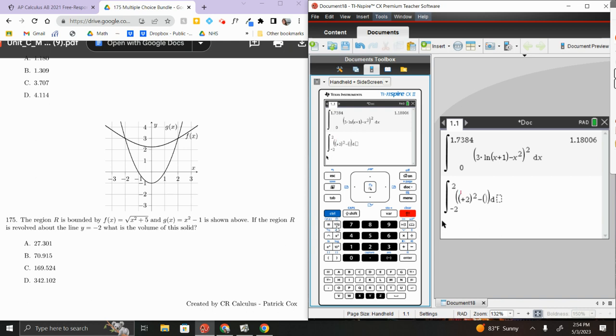This one should be square root of x plus whatever. And then minus the other one, which is x squared minus 1 minus -2, so +2 squared. So this is just washer method, finding big radius, little radius.